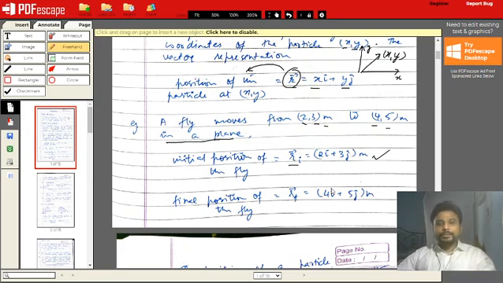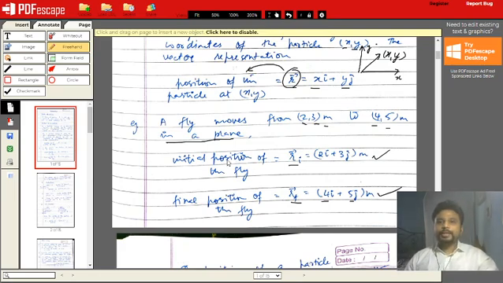And finally, the fly goes to 4,5. As the particle gets to 4,5, we can say the new position of the particle is 4 i cap plus 5 j cap, and this is its final position vector represented as rf.